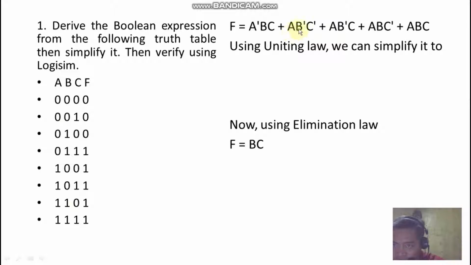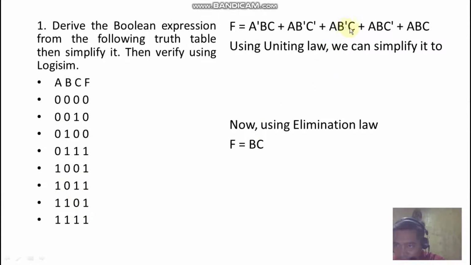So, 1 and 1. Tapos, 0 prime, which is 1. 1 and 1 and 1. 1. Kaya, 1 ito. Okay, kaya 1 ito.